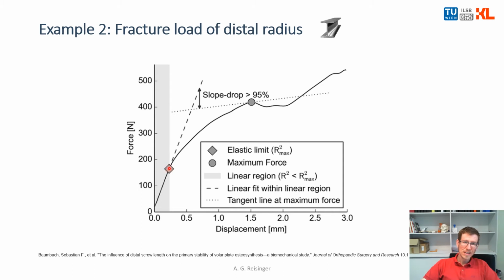So that's the yield point, the yield limit where the start of damage and plastic deformation in the sample is. So it's the start of plastic deformation. And the slope of that line is the stiffness.